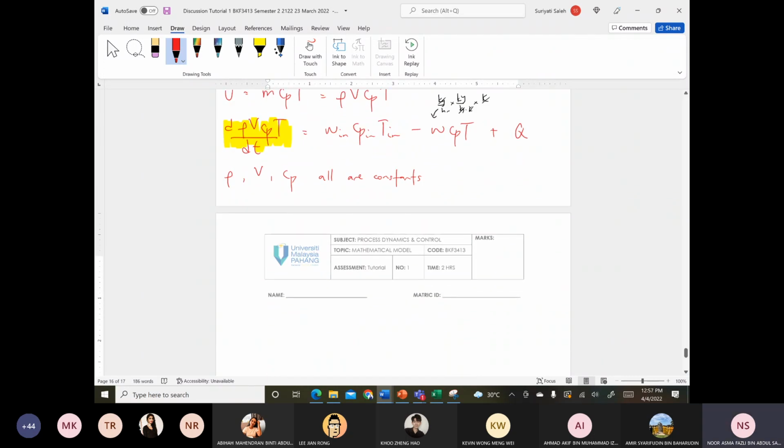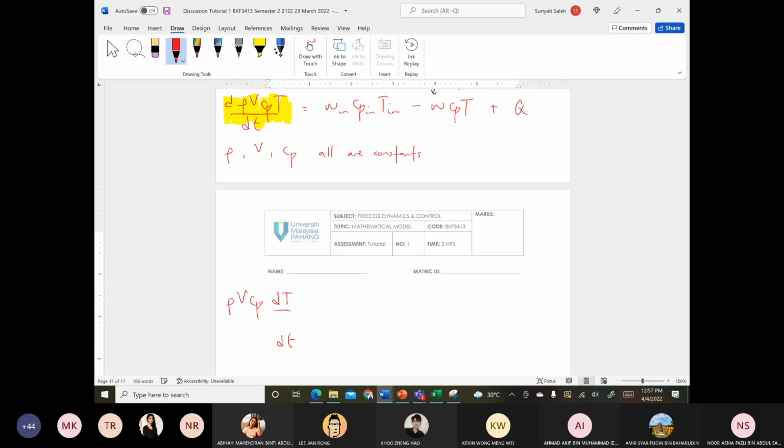So the equation can become rho V Cp dT over dt equal to W in Cp in T in minus W Cp T plus Q.